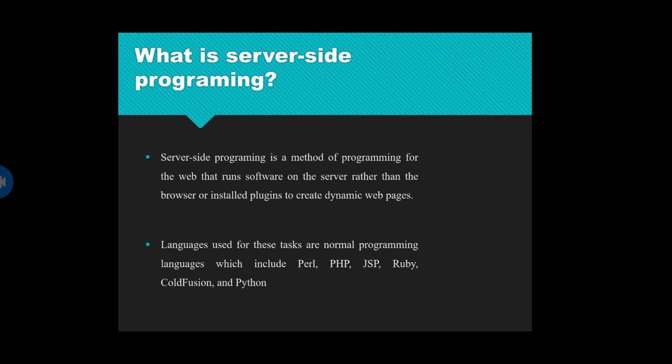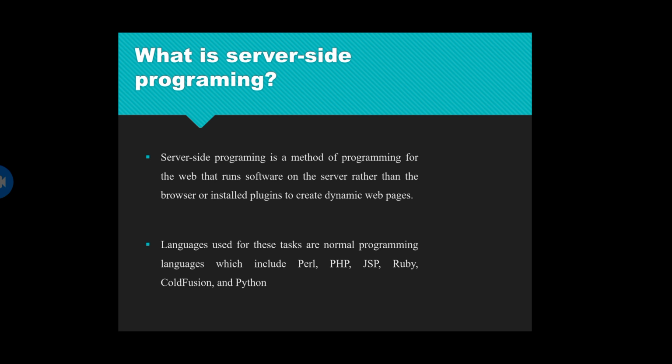The languages used for this task are normally Perl, PHP, JSP, Ruby, ColdFusion, and Python. These are the most preferred languages. There are many server side programming languages. Out of those, the famous ones are Perl and PHP, which was most used four or five years ago.